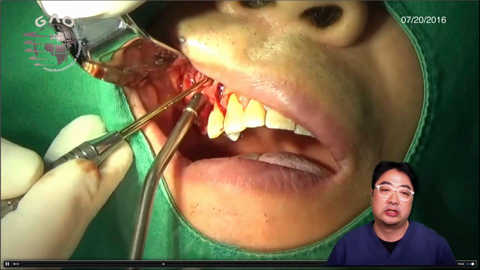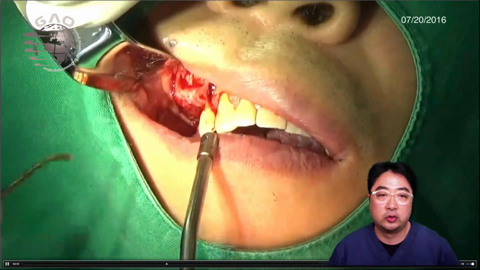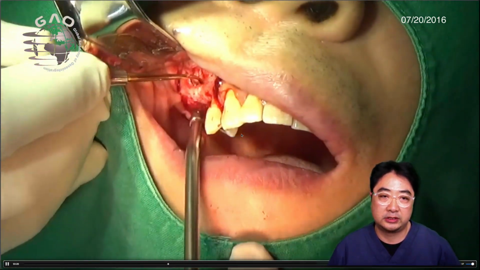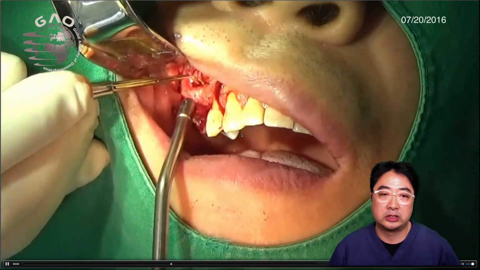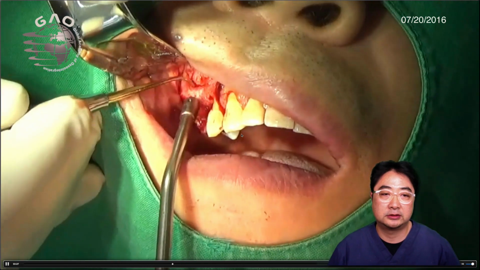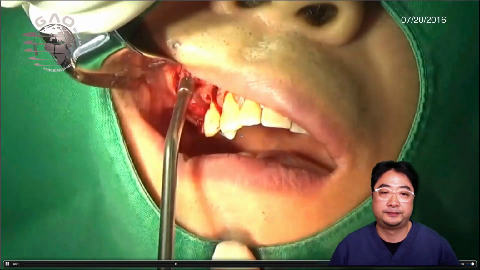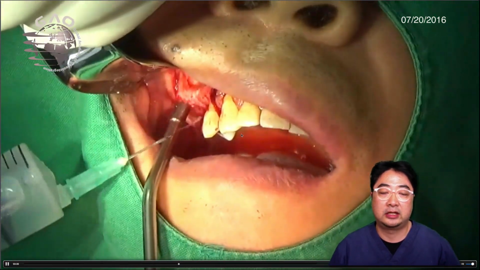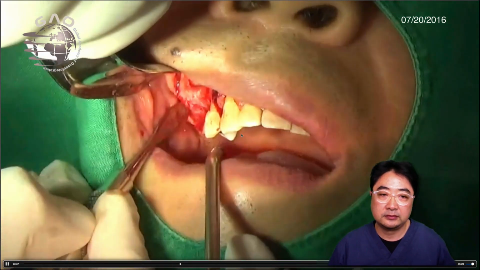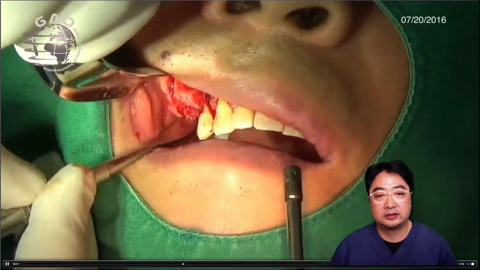Otherwise, you will have perforation of the sinus membrane. Now I'm using the number 2 FLIR with the wider angle to go far. Then I use number 3, the double twisted FLIR, for the medial and far side.